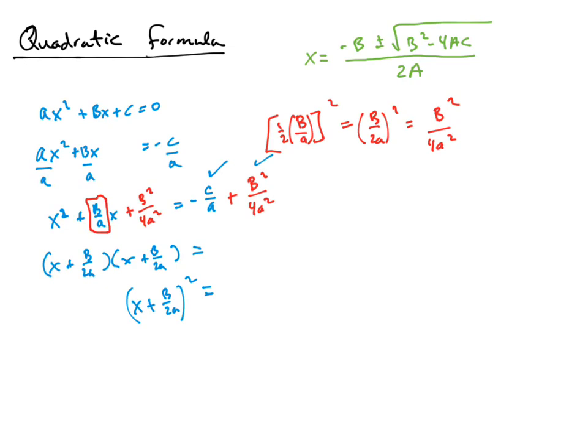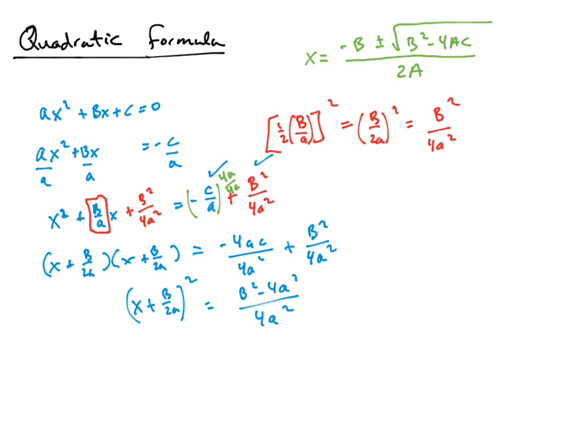So I'm going to multiply top and bottom here by 4a over 4a. So we end up with negative 4ac over 4a squared plus b squared over 4a squared. Combining those two fractions, we end up with b squared minus 4ac all over 4a squared.